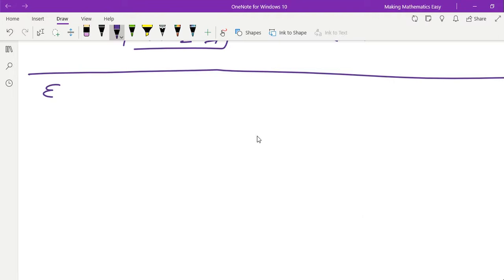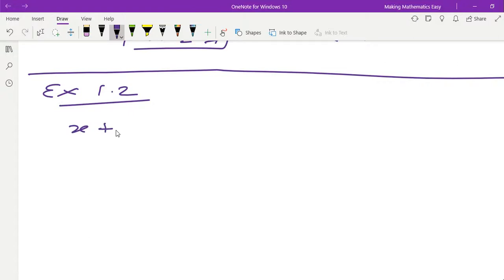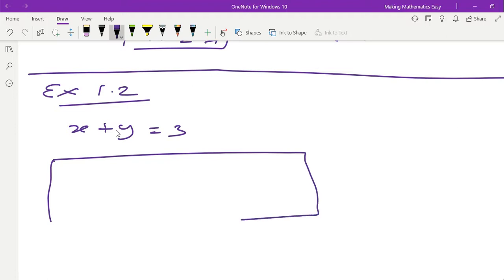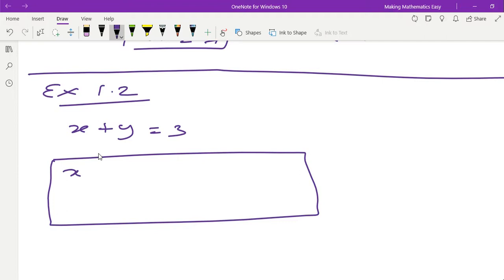So we are starting today with exercise 1.2. So our first equation is x plus y is equal to 3. So let us first understand what we have to basically do over here. So basically you need to draw a table for each of these equations. Okay, you need to put x coordinate, you need to put y coordinate, and then combination of x coordinate and y coordinate.